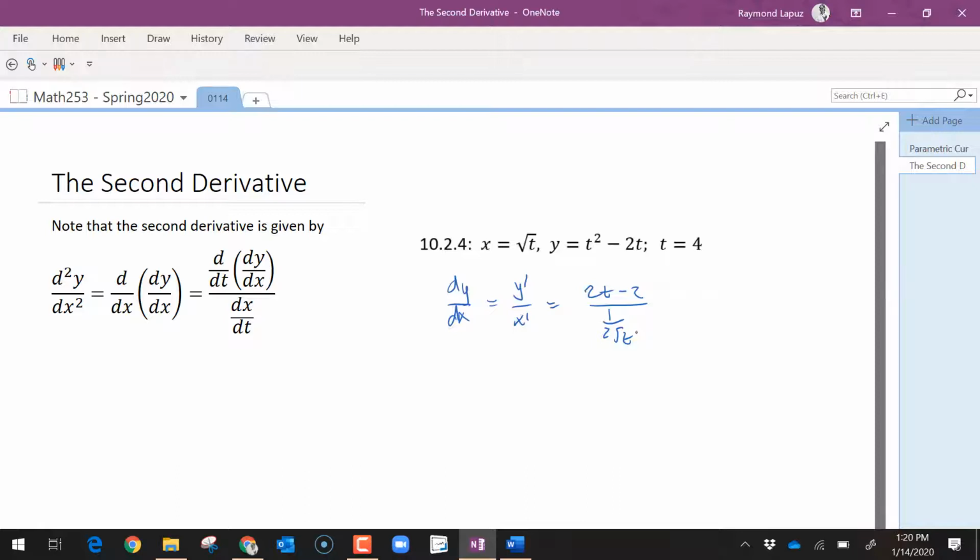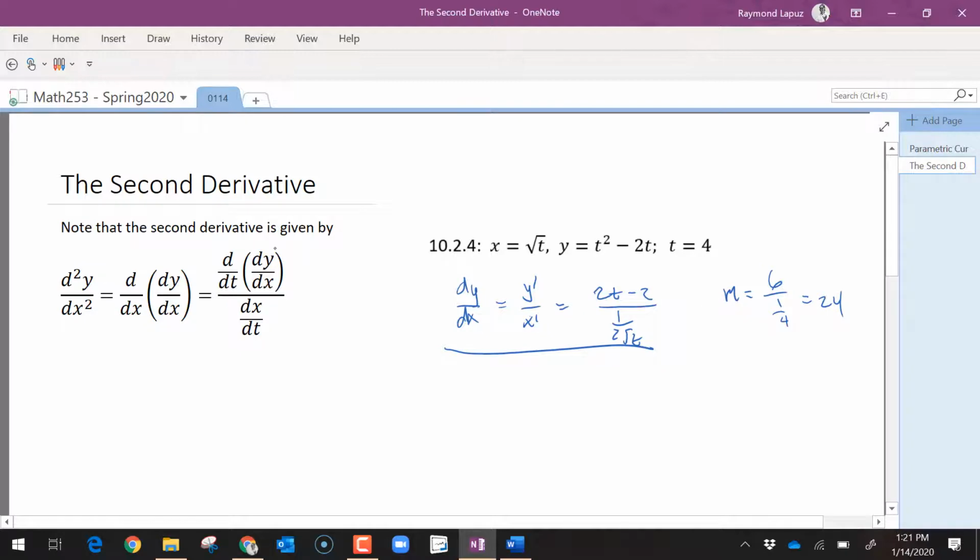And if we care to evaluate it, t is equal to 4, the slope at that point is going to be, put 4 in there. 8 minus 2 is 6. Fourth, so 24. Is that right? Okay, so that's your derivative.